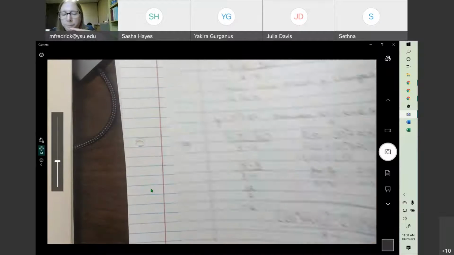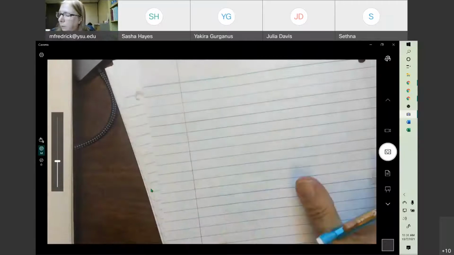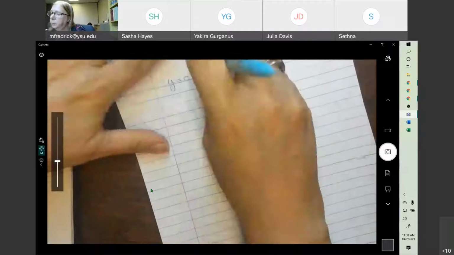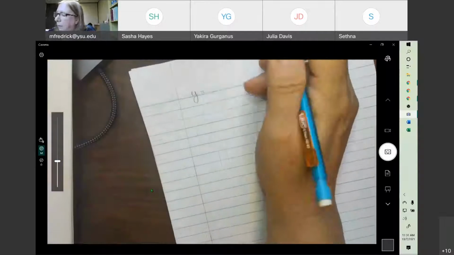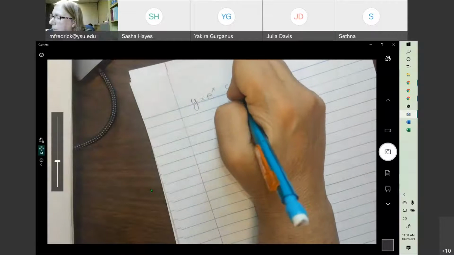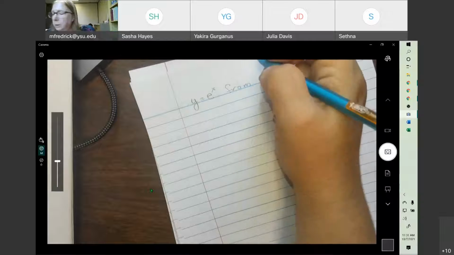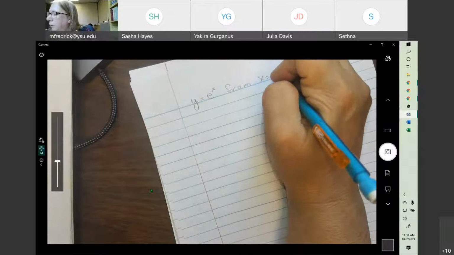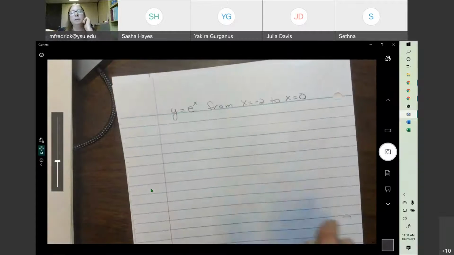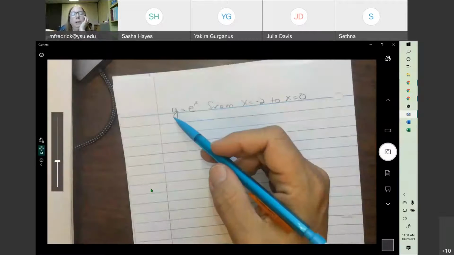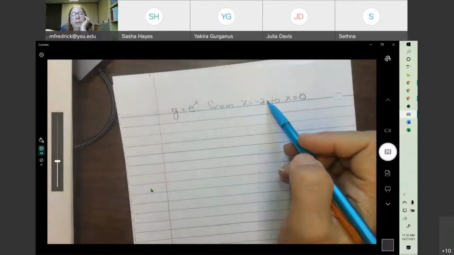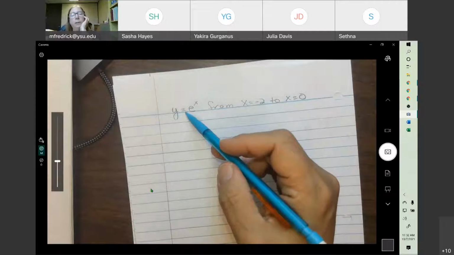Let's try another one. So we're going to find the average rate of change from x equals -2 to 0 for y equals e to the x.